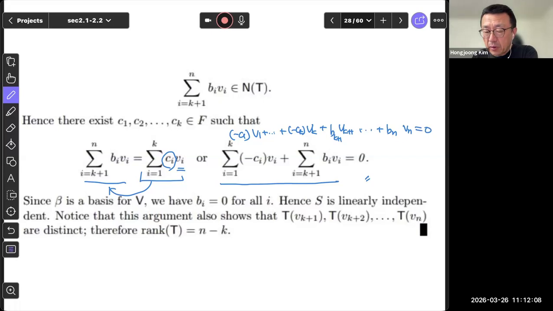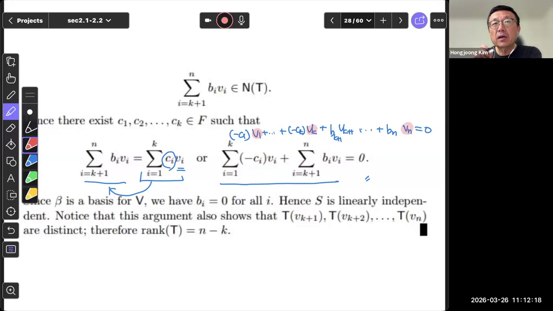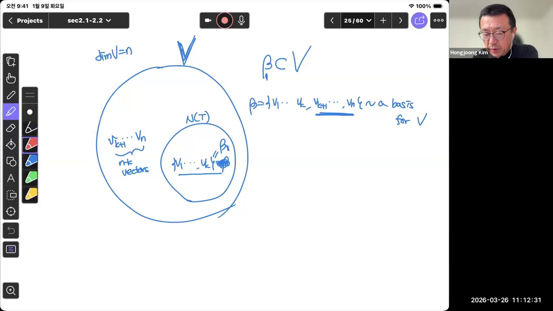But what are these vectors? v1, v2, vk up to vn. These vectors are a basis for the domain. That's how we defined v sub k plus 1 up to v sub n, right? We initially had these k vectors for the null space.